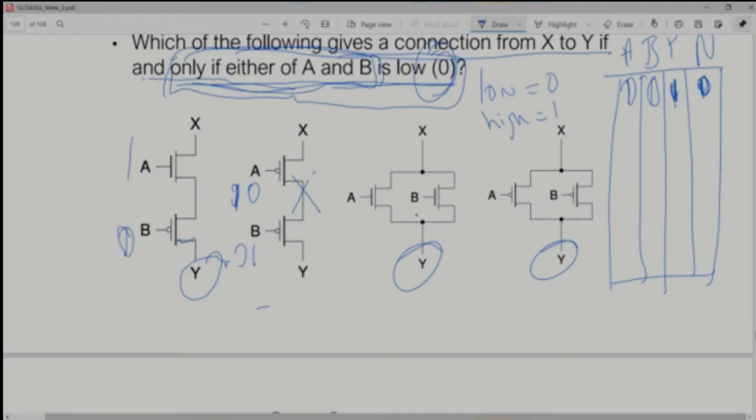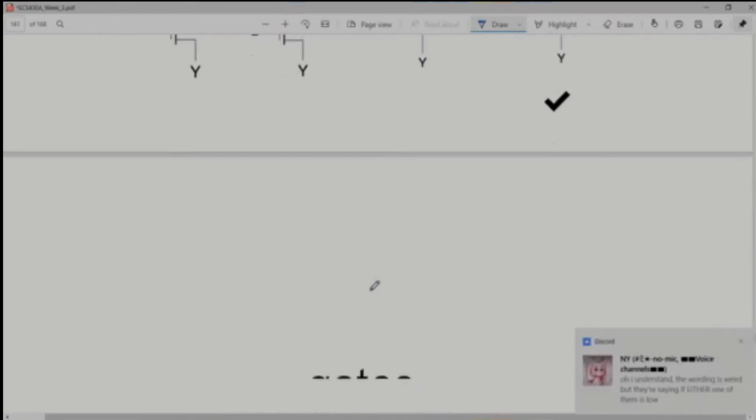This one can work if it's 1, 0, or 0, 1. This one can work if it's 0, 1, or 1, 0. So it could be either one of these 3. But they say it's this one because there's only one way to have it working, if it's 0 and 1 or 1 and 0. I don't know. It's just so strange. I don't like how they word these questions.